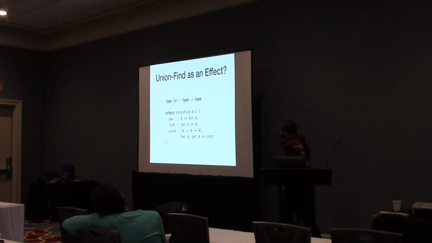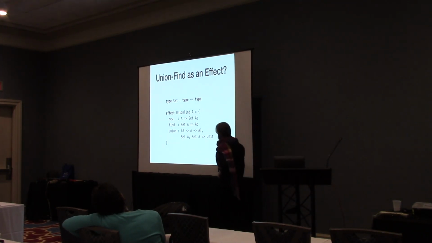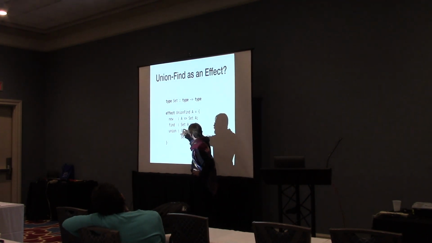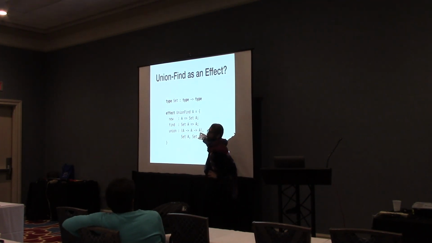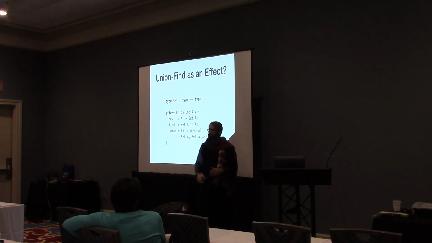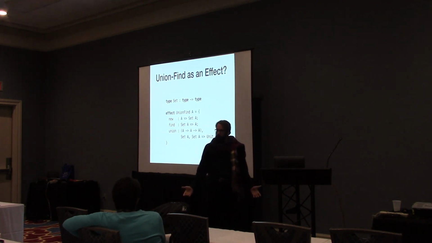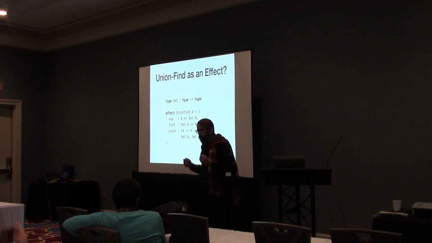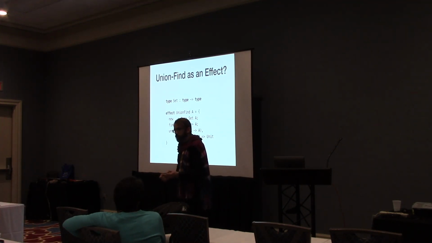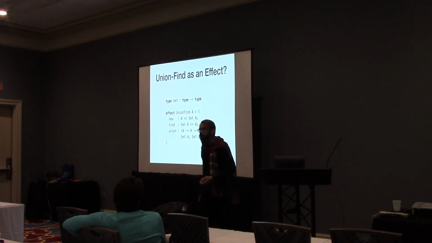But the union operation still poses a problem, because this closure here, this function, is still pure. This function space that tells us what happens when we unify two representatives of two disjoint sets is a pure function space. So we cannot provide a function that has some side effects.